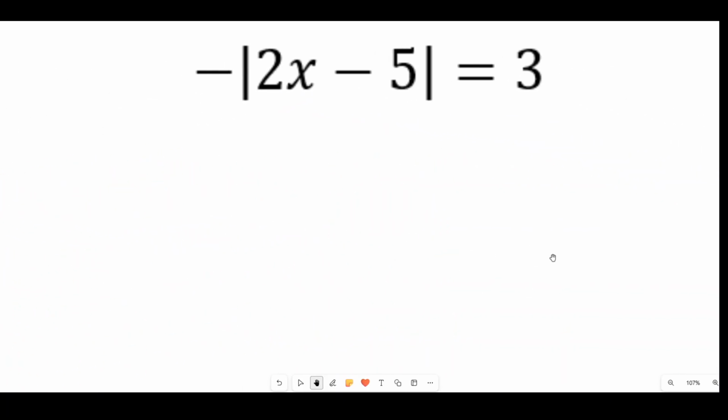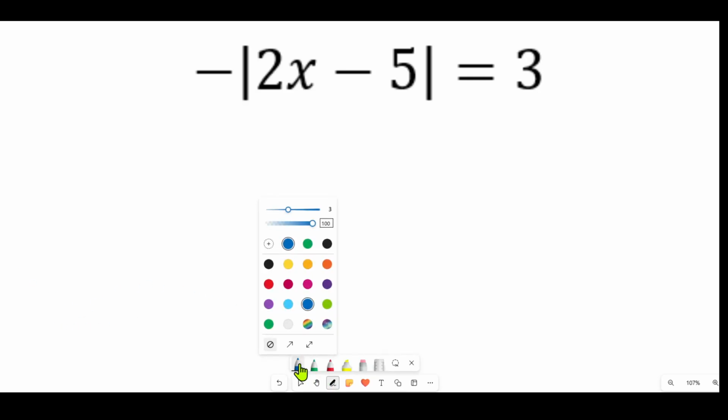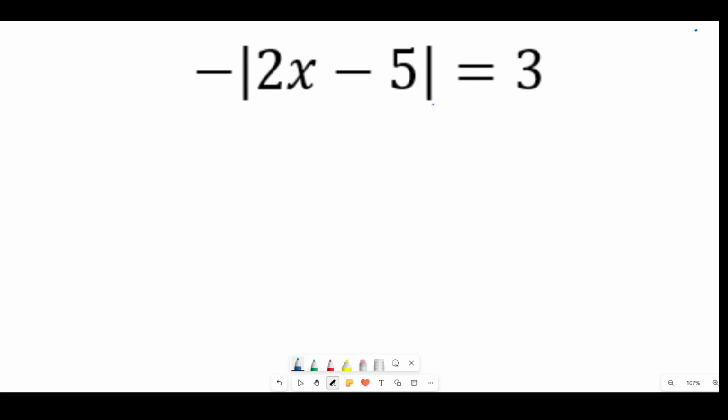Now you may already know what the answer is, which is great, but I'm going to pretend I don't notice. I'm going to do exactly what we just did. I'm going to start by rewriting this equation exactly as it appears, but replacing the absolute value signs with normal bracket signs.